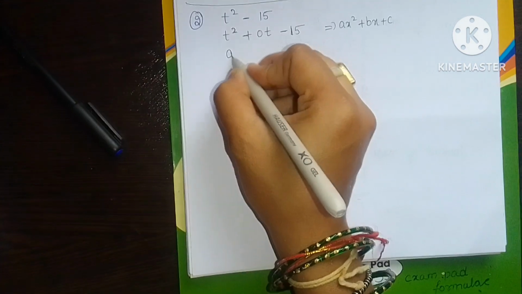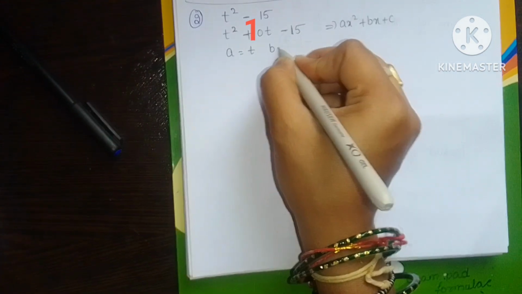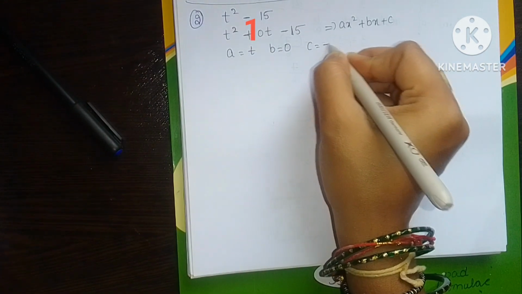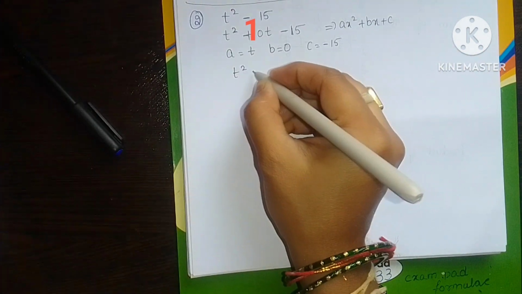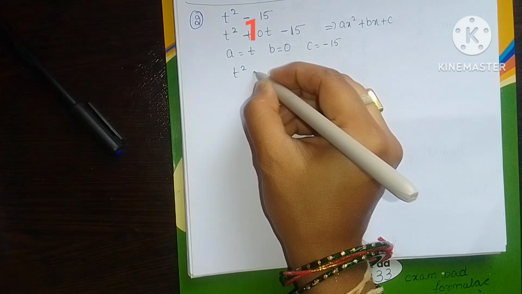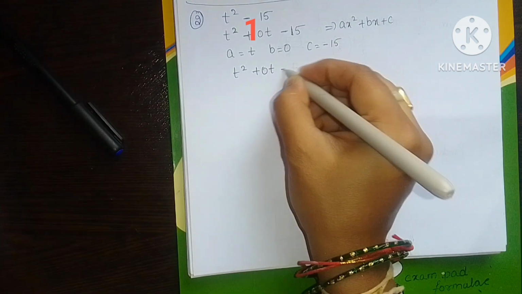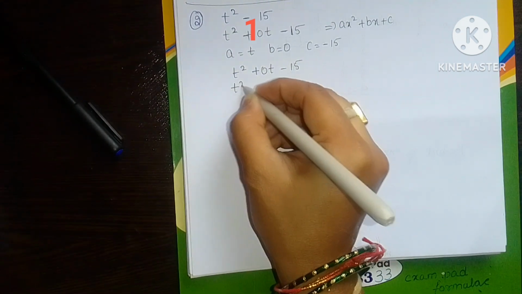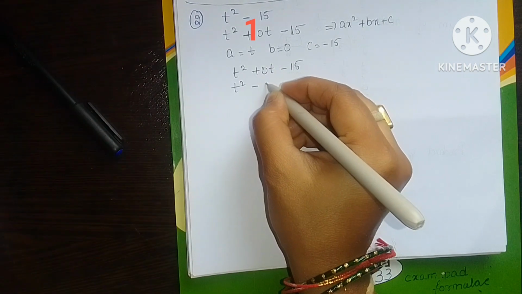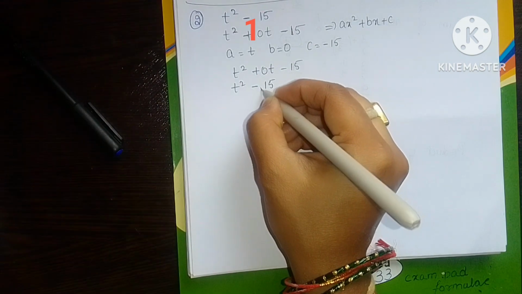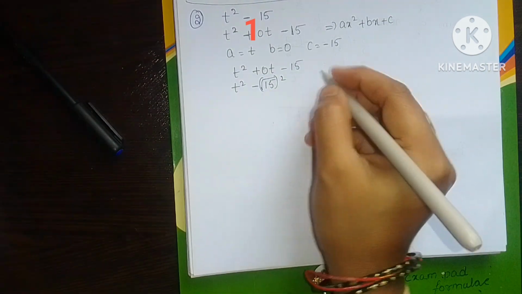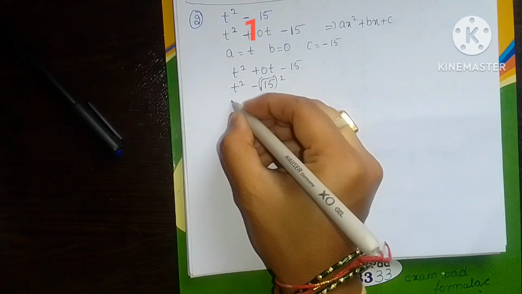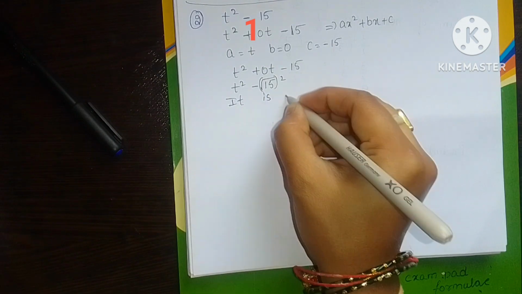So here a is 1, b is equal to 0, c is equal to minus 15. So t square plus 0t minus 15. Now t square minus 15 can be written as t square minus root 15 whole square. So it is in the form of what?